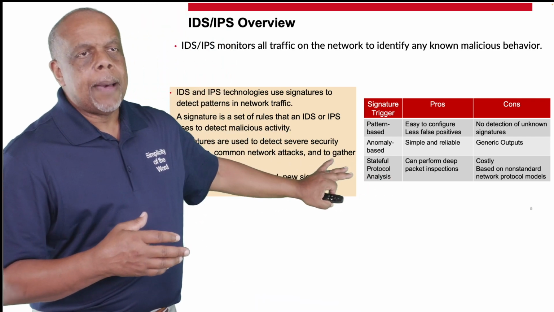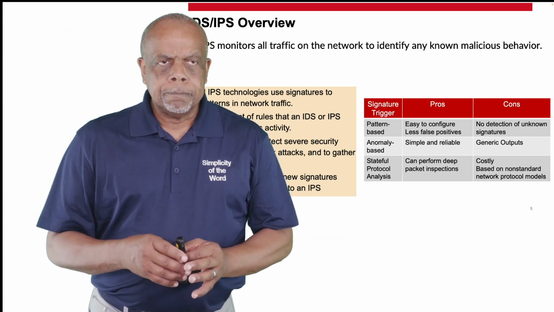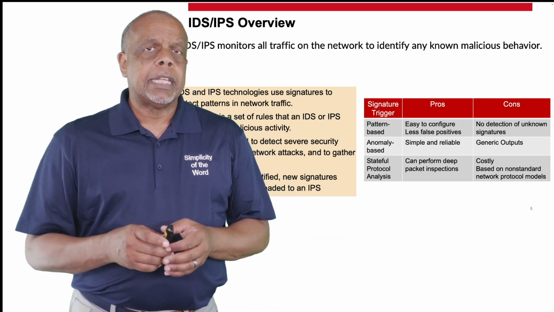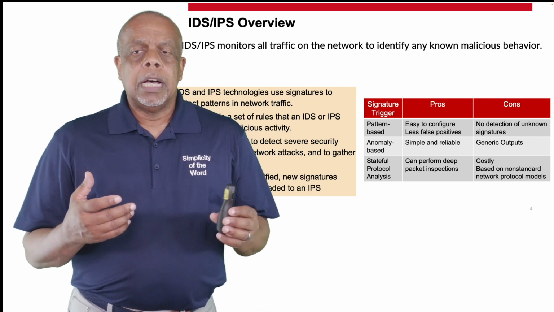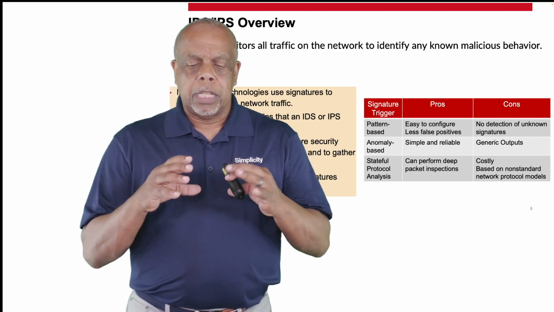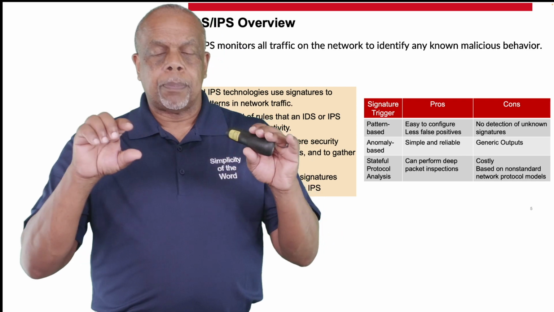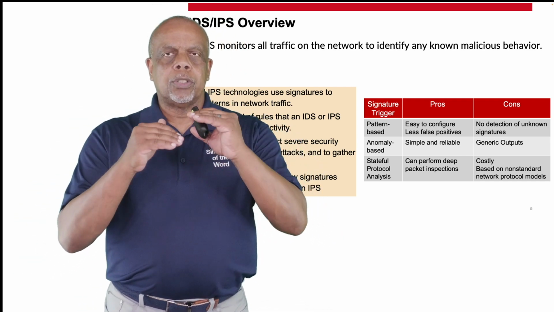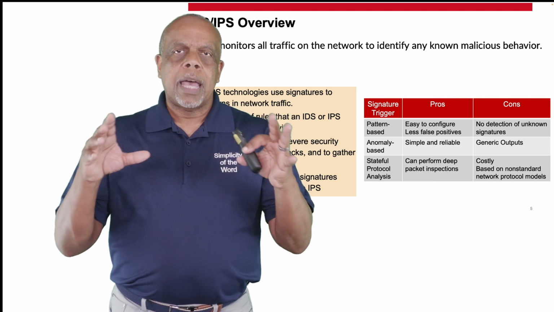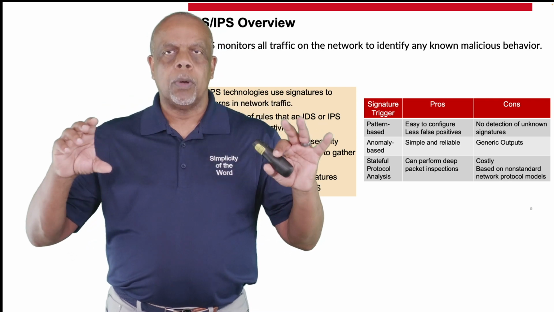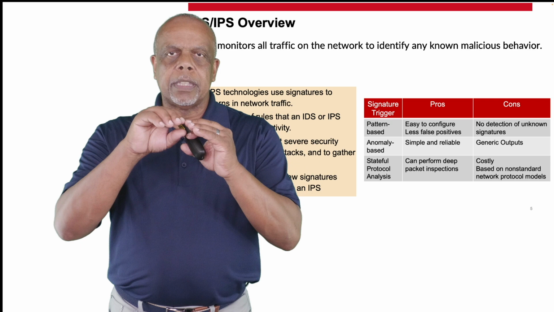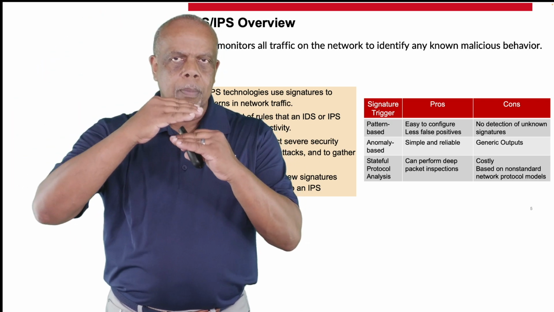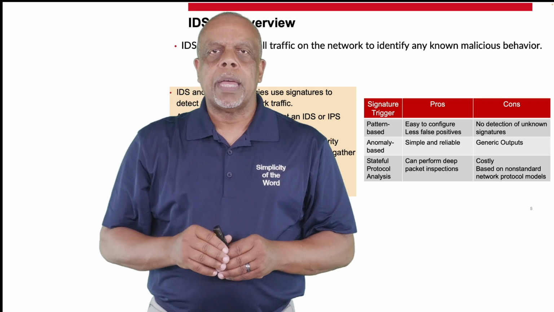Then you have the anomaly-based signature. It looks at traffic patterns over time and starts to determine what is outside of the baseline, outside of the normal. It sees normal traffic, then if it sees a packet that's outside of what is looked at as the norm, it's going to trigger on that.